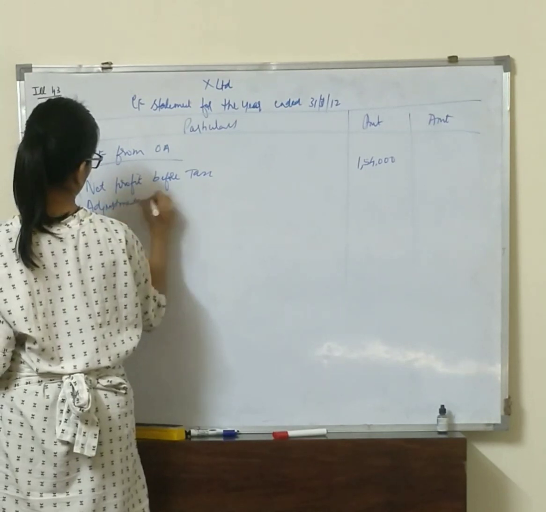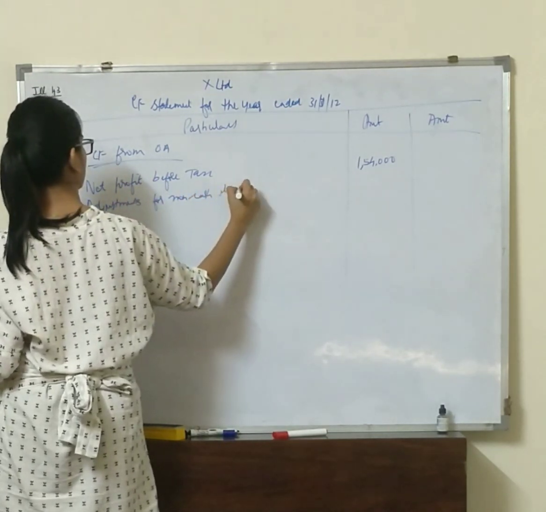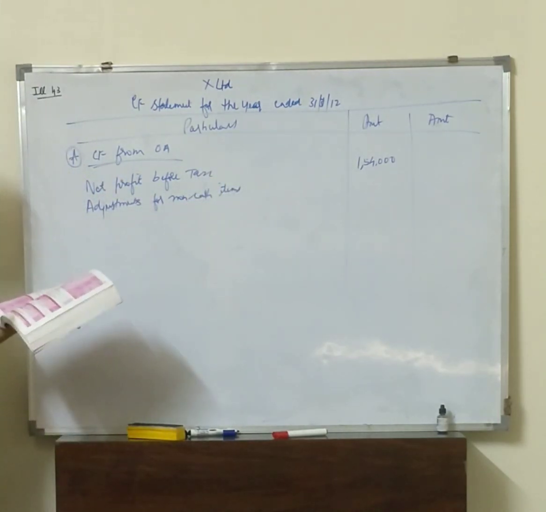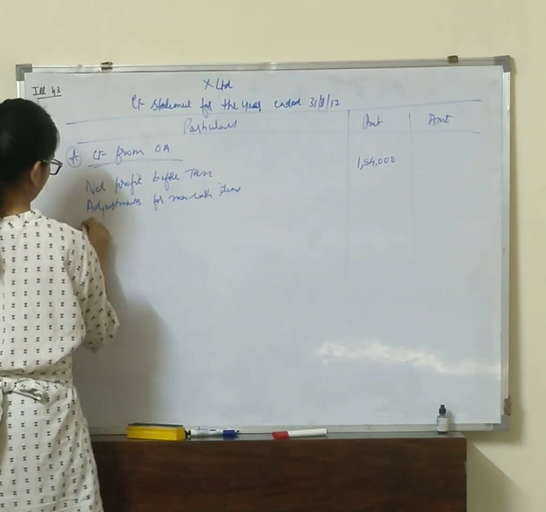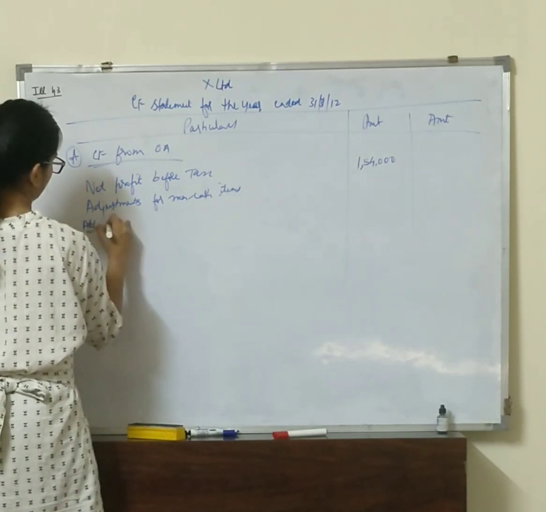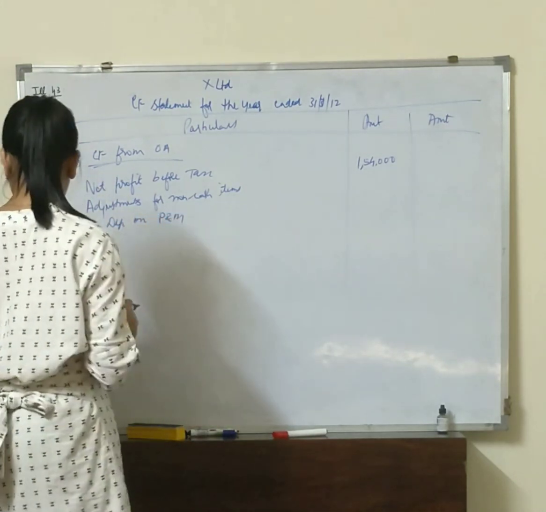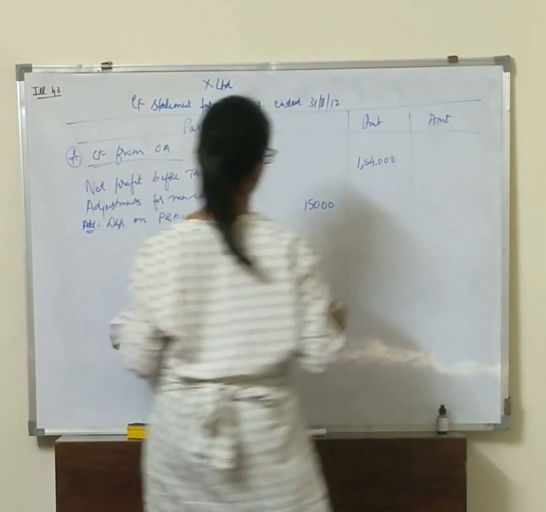After that, adjustments for non-cash items. Under that, what are the adjustments for non-cash items? We have depreciation on. We will add depreciation on plant and machinery. What is the depreciation amount? It is 15,000.